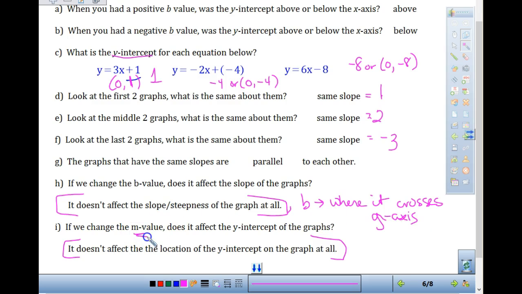So when we change the m, it does not affect the y-intercept. What does it affect? It affects how we move. So the m is how you move. The m is the rise over the run.